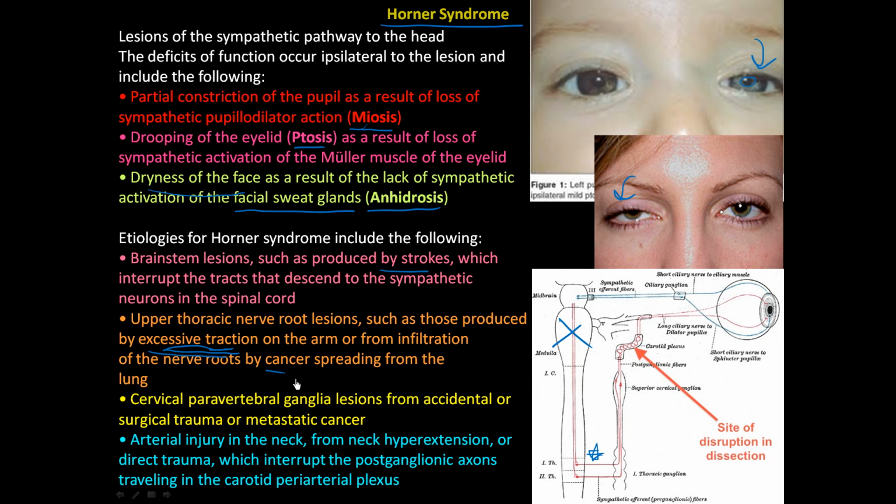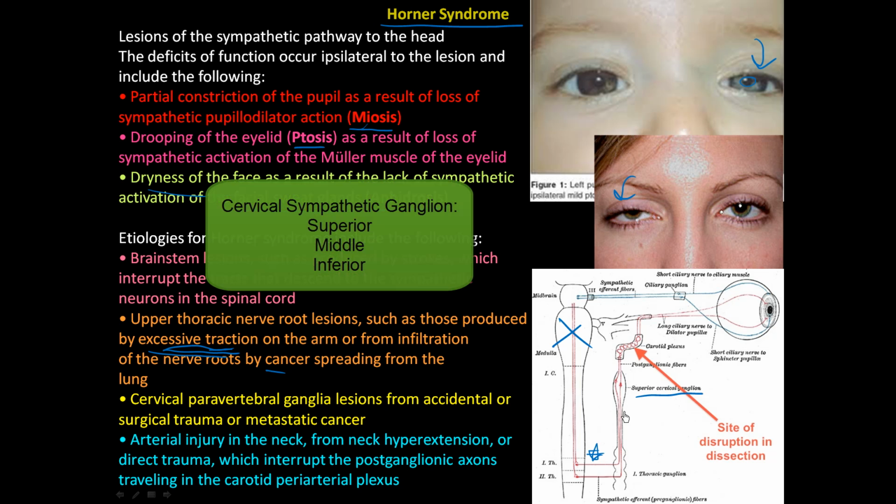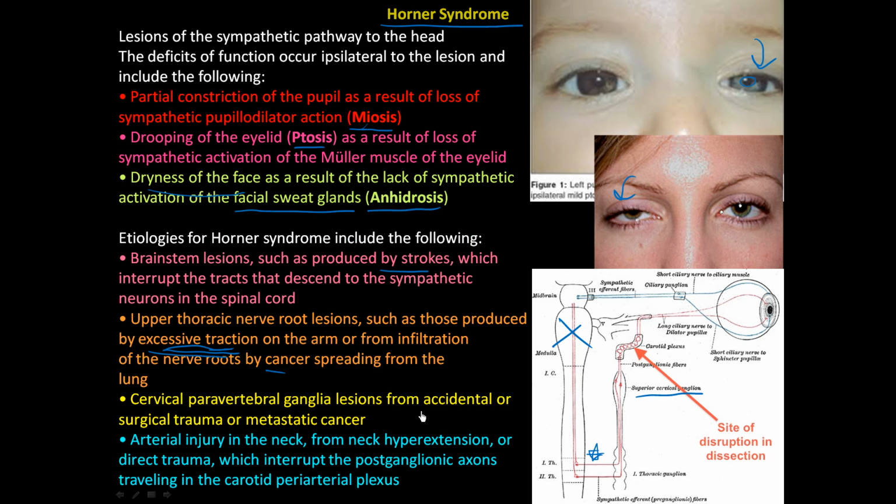That can also cause Horner syndrome. You can have cervical paravertebral ganglion lesions, so the superior cervical ganglion gets knocked out, or the middle or the inferior cervical ganglion, and that can be from accidental or surgical trauma or metastatic cancer. Cancer can spread to these, and they can get knocked out, which causes Horner syndrome.